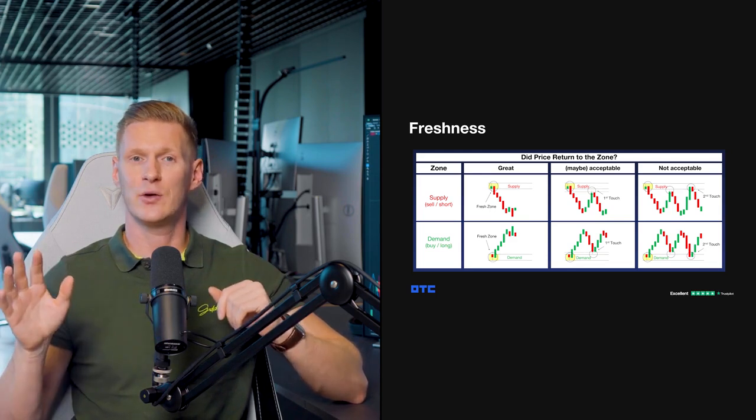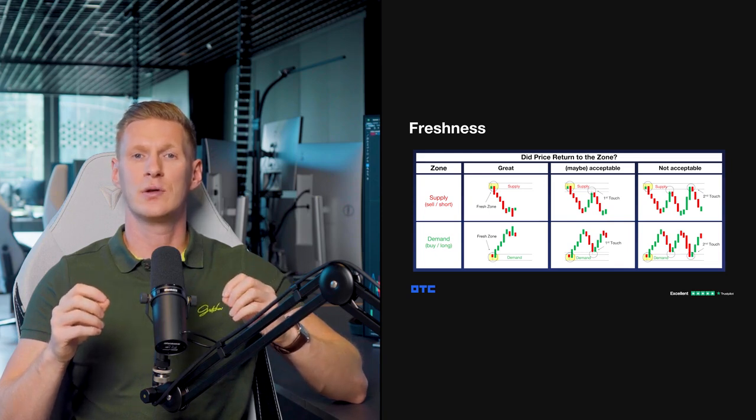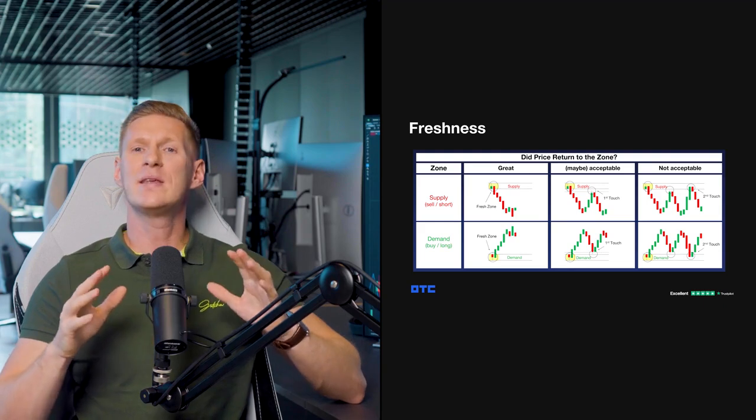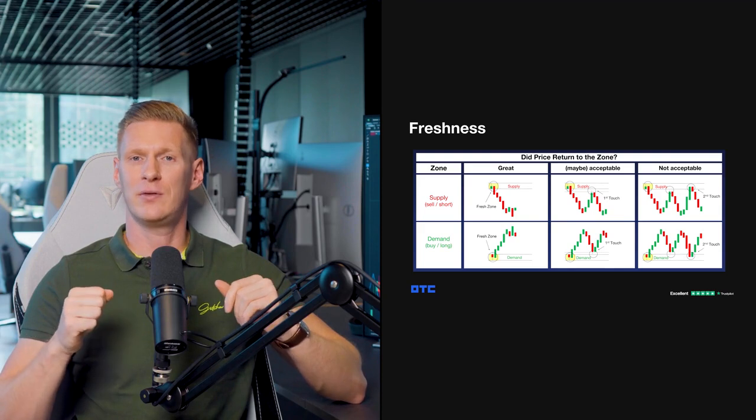The second category occurs when price has tested the wider version of the zone, but not the preferred version. In simpler terms, price has touched the edges of the zone but hasn't penetrated deeply enough to test the core, preferred version. While this setup is less ideal, it may still hold some unfilled orders.